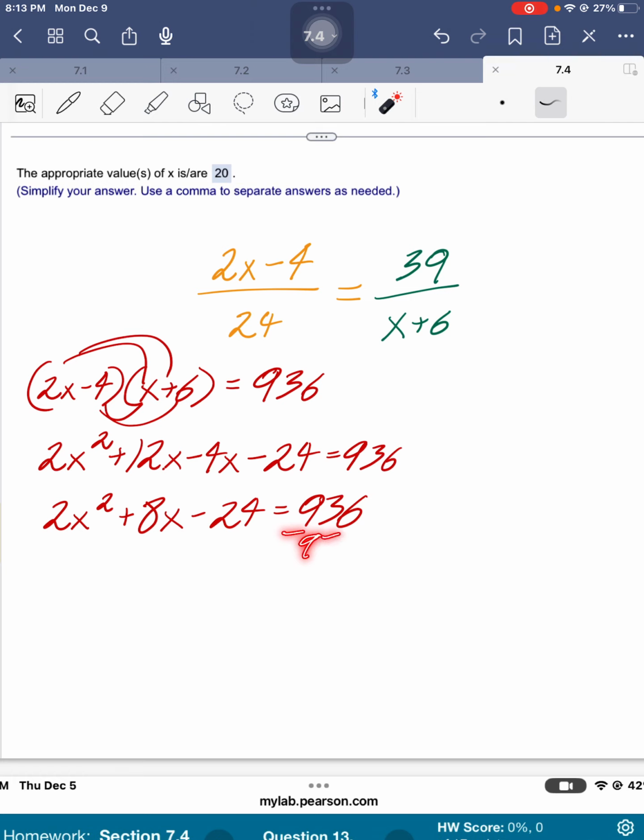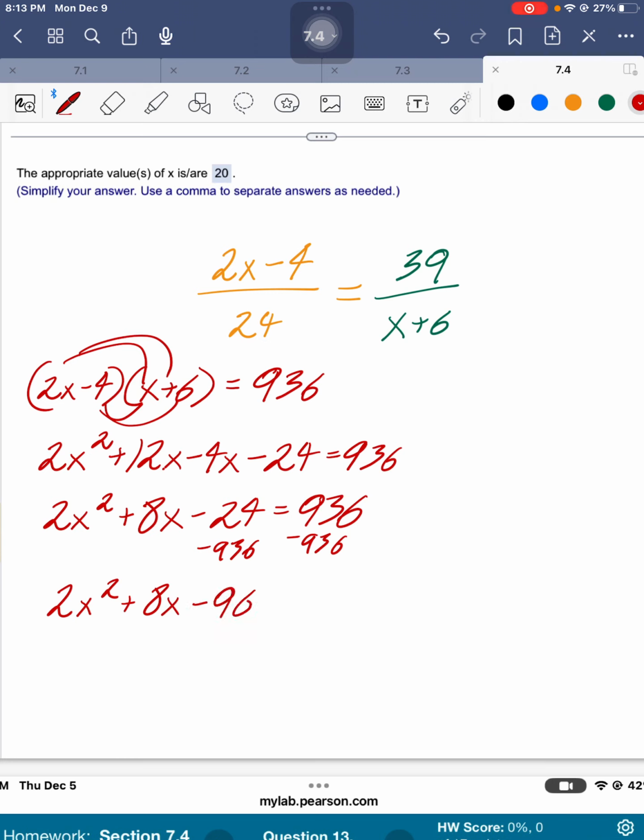Now this looks like a quadratic equation because I have the x squared and the x and a constant. So I'm just going to subtract this so I can finish what the actual quadratic equation is supposed to look like, which is an x squared, an x, a constant, and then equal to 0. So I'm going to subtract 936.